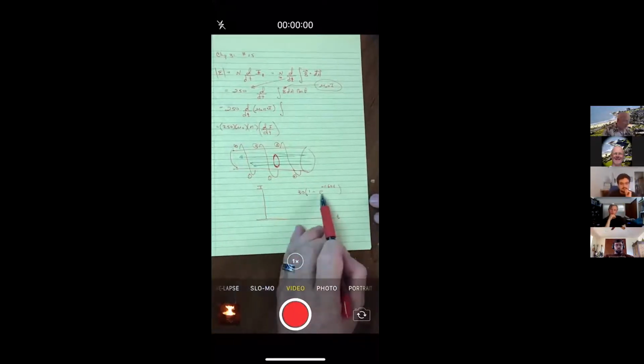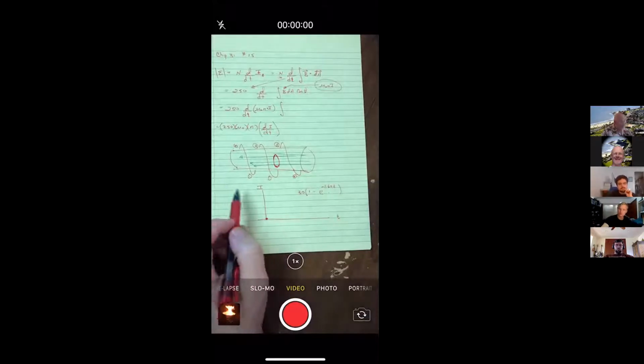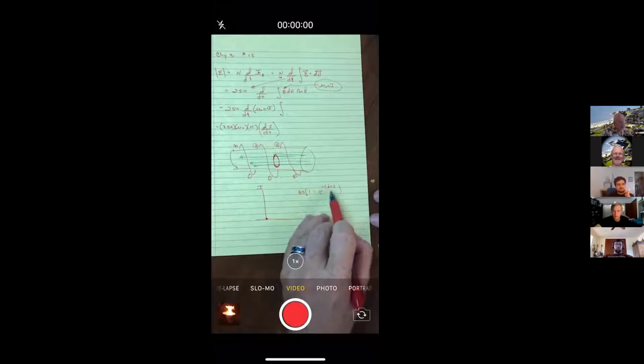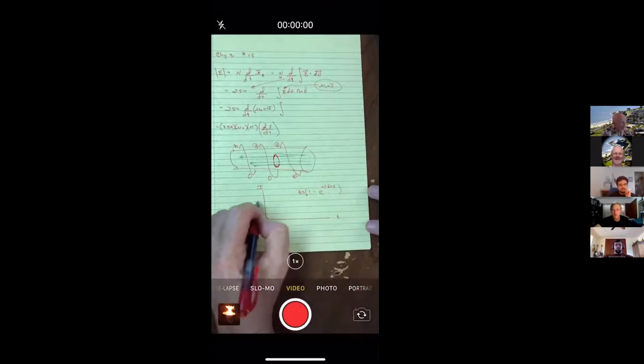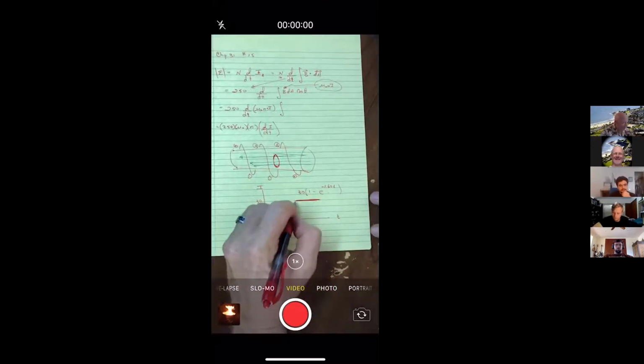So when t equals 0, I've got 1 minus 1, which is 0. And of course, after a long period of time, the decaying exponential goes away, so I get 30 amps. After a long period of time, it's 30 amps.